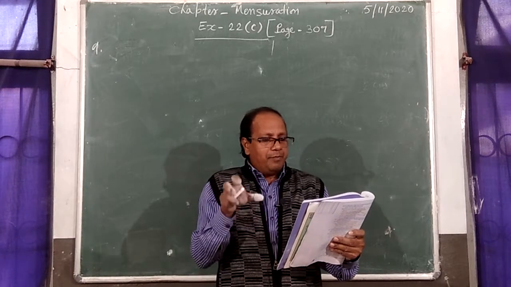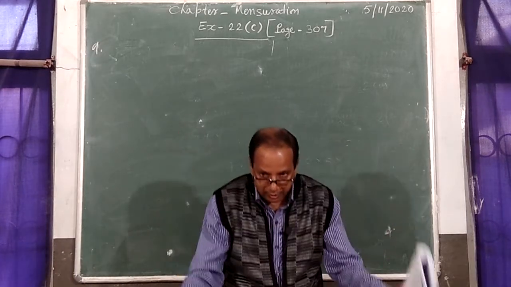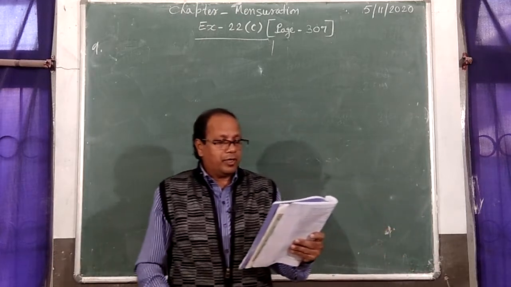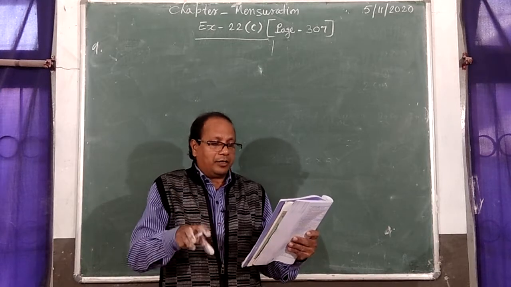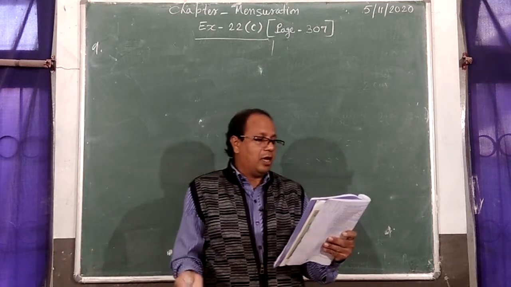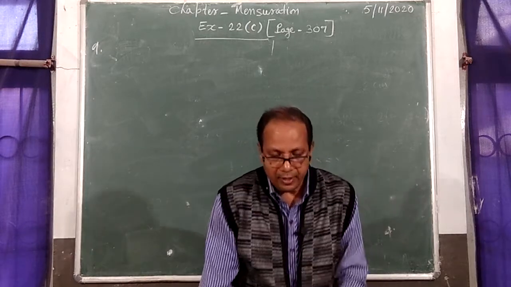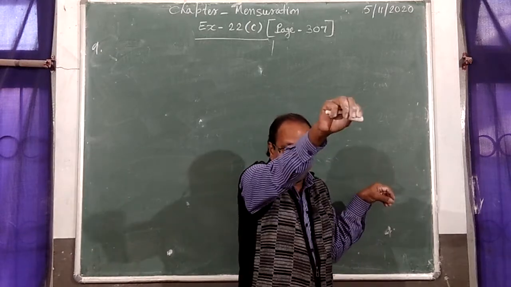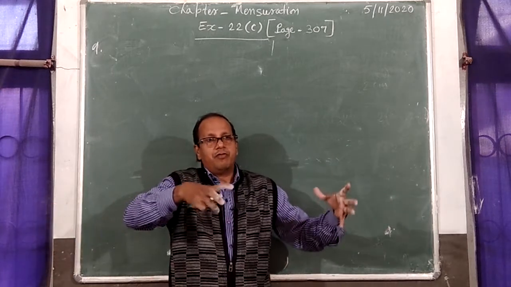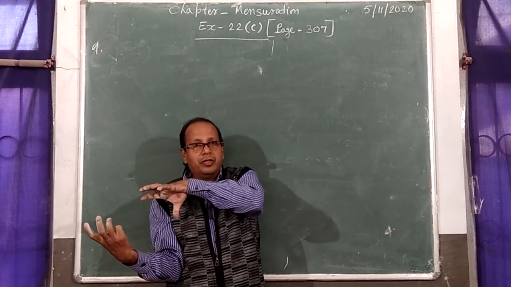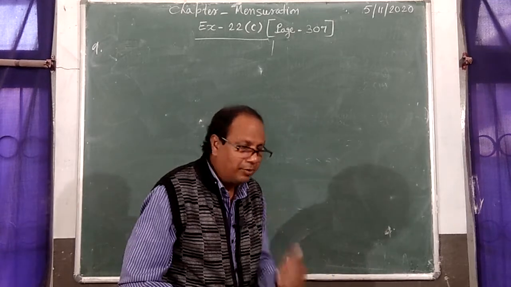Here, a pit 5 meter long, 3.5 meter wide is dug, means cut, to a certain depth we don't know. If the volume of the earth taken out of it is 14 meter cube, what is the depth of the pit? So the length and breadth of the pit are given, and some amount of earth is removed, but we don't have the depth of the pit. So we find out the depth of the pit.